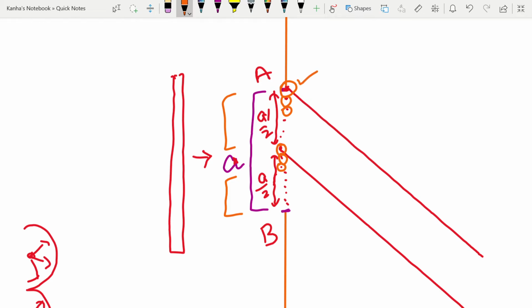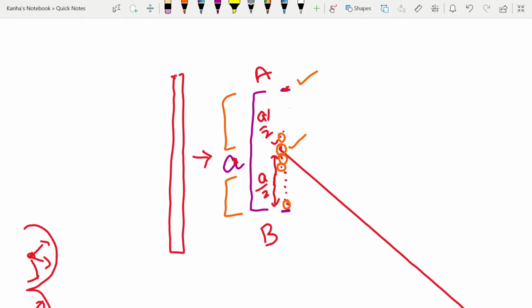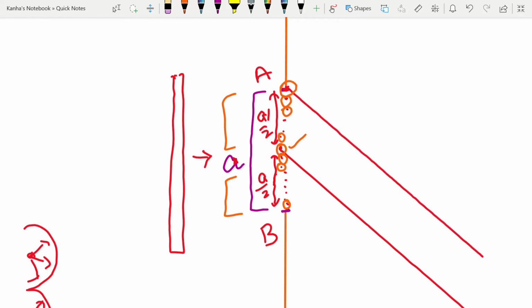So each thing that I've coupled, this to the center, similarly this point to the last point, each is at a distance of a by 2.